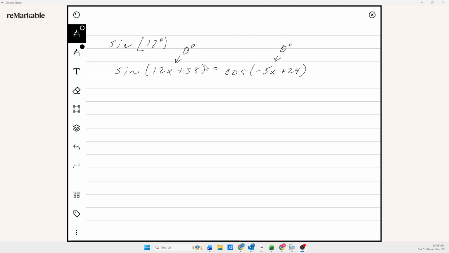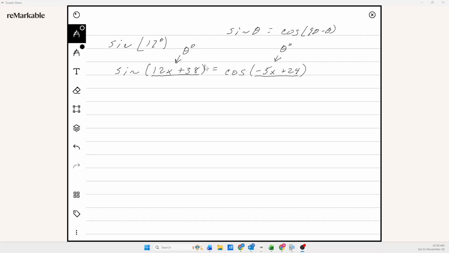So if these two are equal, then this angle plus this angle has to be 90 degrees, because we've already said that the sine of theta is equal to the cosine of 90 minus theta.